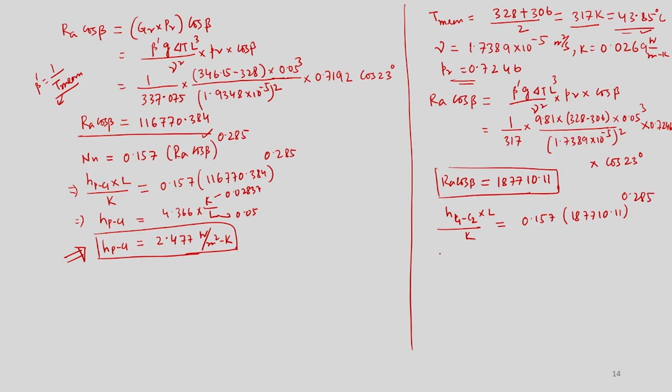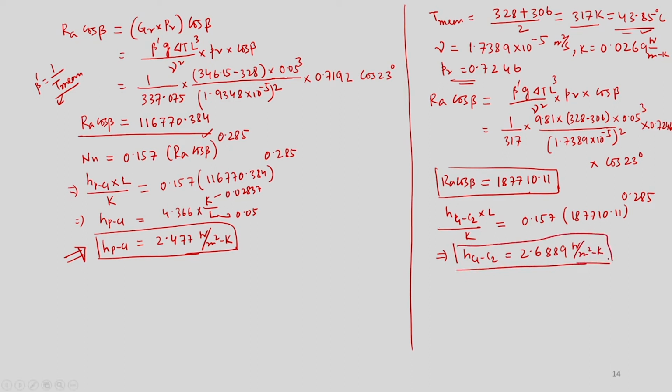On calculation, what value we will get is h_c1-c2 is nothing but 2.6889 watt per meter square Kelvin. So, this value we got.